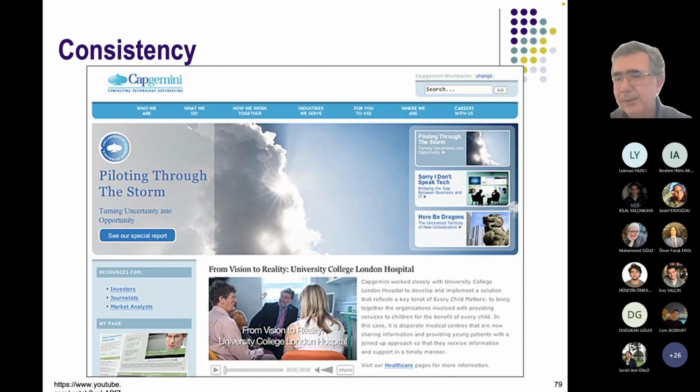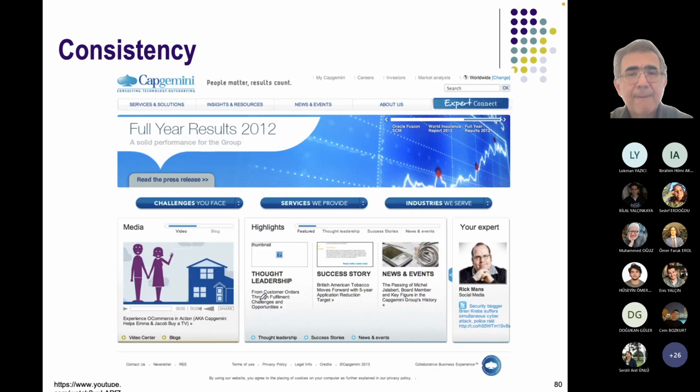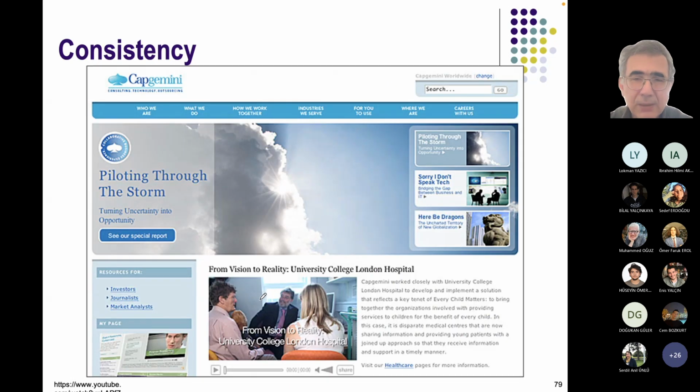This is one example. It's kind of consistent. And when you develop over time, there is some change. This is the next version.